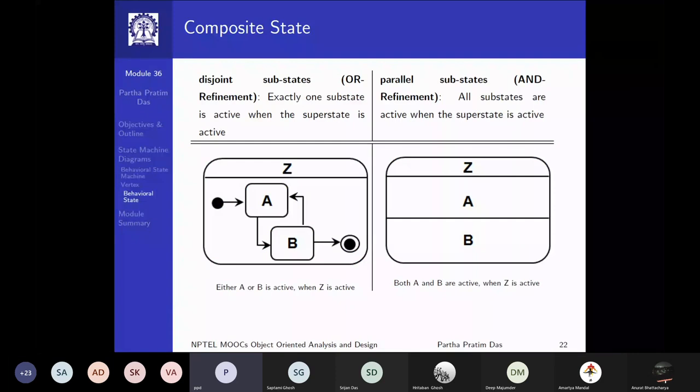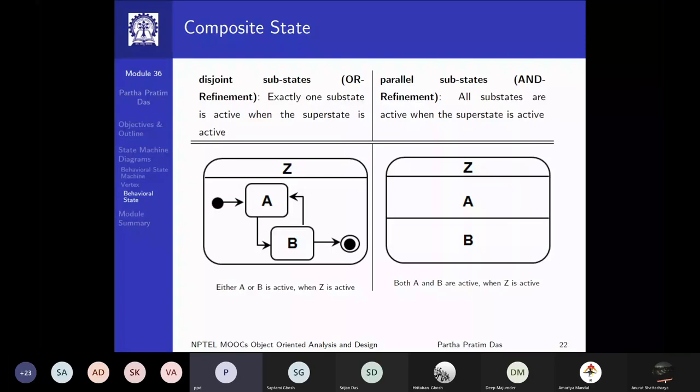You could depict that very explicitly by using a notation of disjointed substates or parallel substates. You could say that these are like regions, like you see here. So if you draw them like this, then it is called parallel. So it's an AND refinement. All substates are active when the superstate is active.